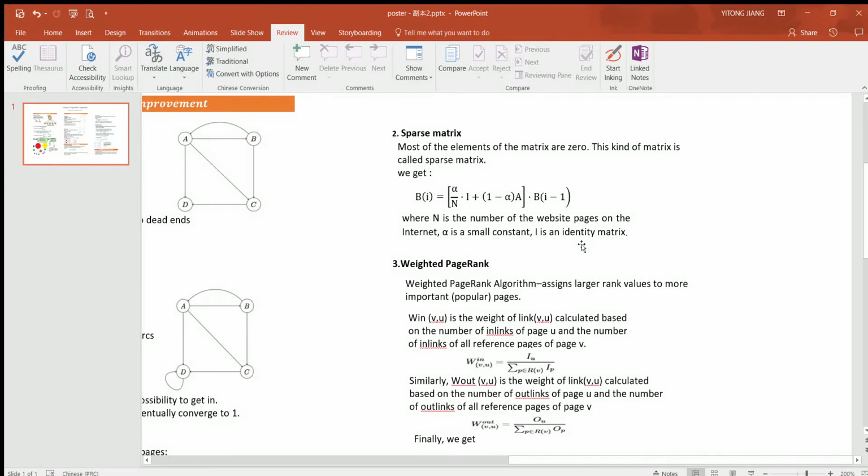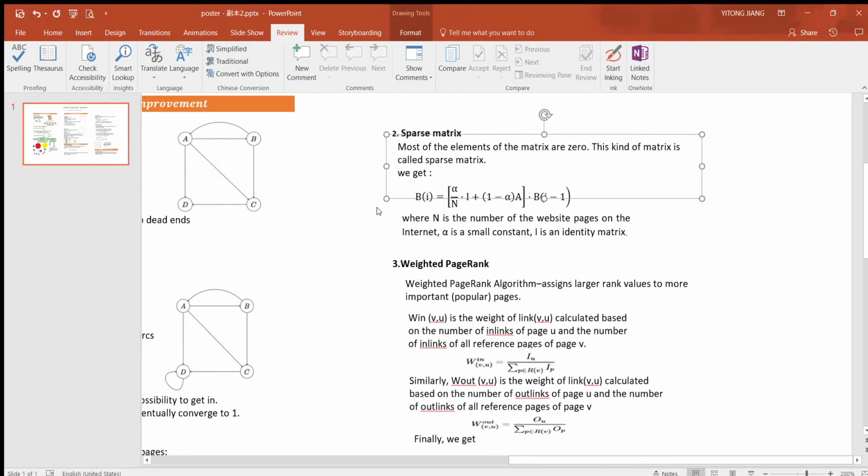As we all know, the number of links is very small compared to the scale of the Internet, which means that most of the elements of the matrix are 0. So this matrix is also a sparse matrix.